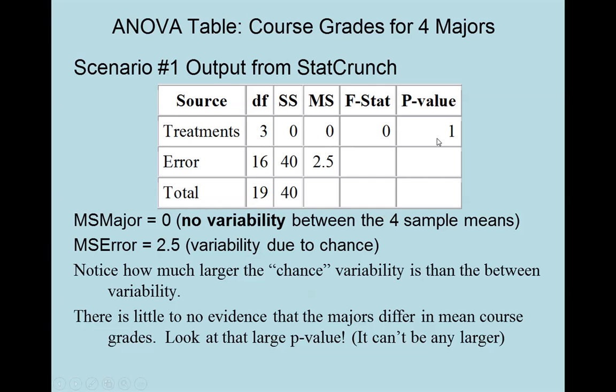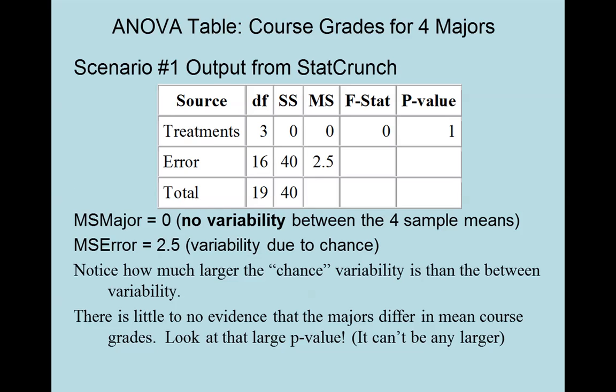Now the p-value turns out to be 1. In other words, this is the smallest F can ever get. So the MS major just says there's no variability in the sample means, and the MS error says there's some variability due to random chance. And notice that the error variability, that random component, is huge compared to the differences between the majors.